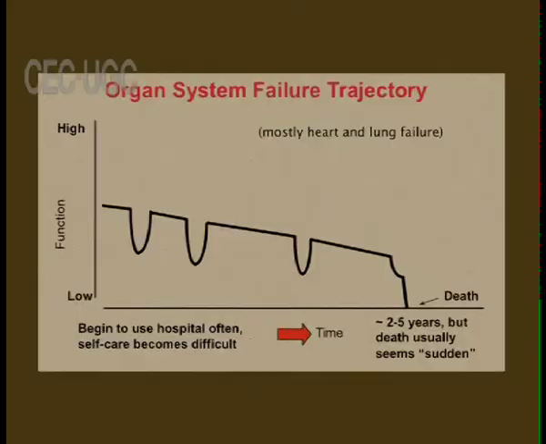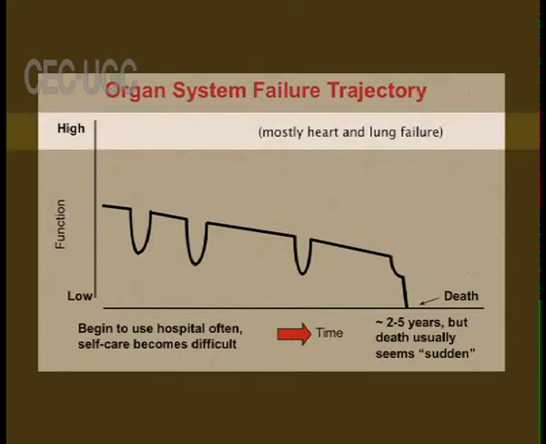Now, going to another example of the dying trajectory, in the next slide you can see the organ system failure trajectory. Here, patients suffering from heart and lung failure come under this category. As you can clearly see in the graph, initially the functioning level of the person is high, but then there is a sudden decline, and that is the time when these people are probably admitted to the hospital.